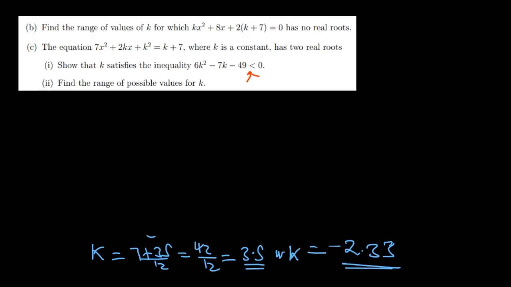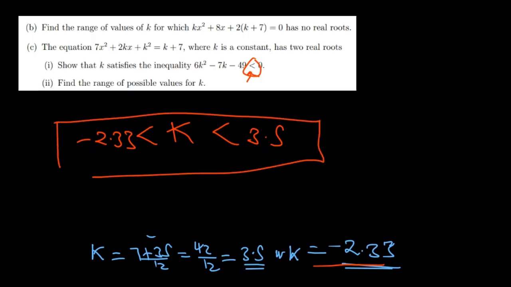Now you check the sign that you have there. Since we have a less than here, our final answer is: we put k in the middle, and it is less than the bigger number, which is 3.5, and k should be greater than the smaller number, which is minus 2.33. Whenever you have a less than, your answer should always be in this form.